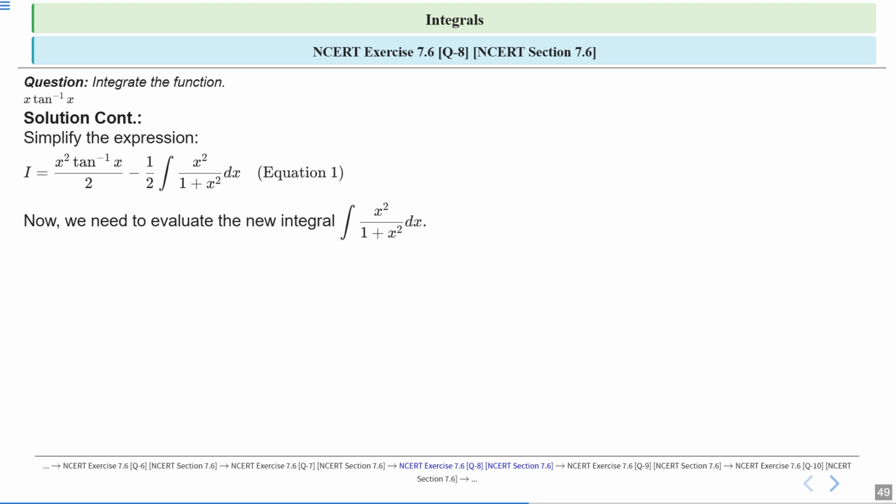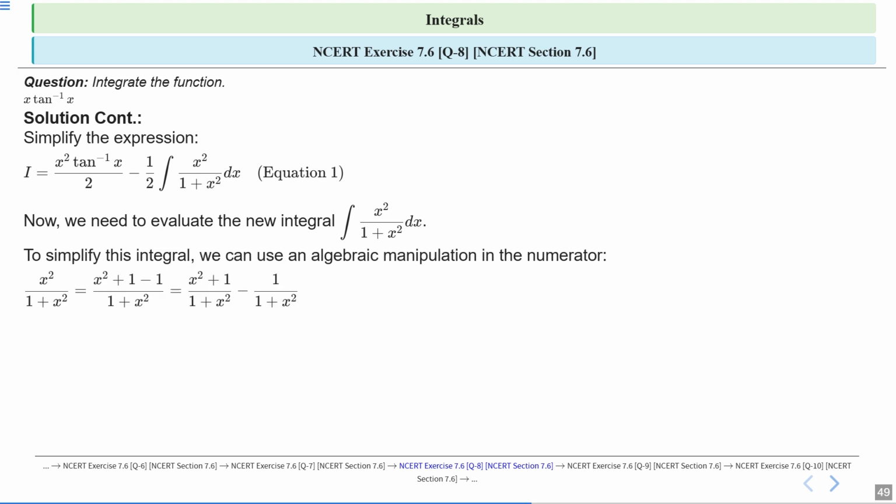Now we need to evaluate the new integral, integration of x square by 1 plus x square dx. So the degree is the same, so we use an algebraic manipulation so that the function is distributed into two parts. Just add plus 1 and minus 1, we get x square plus 1 by 1 plus x square minus 1 by 1 plus x square.